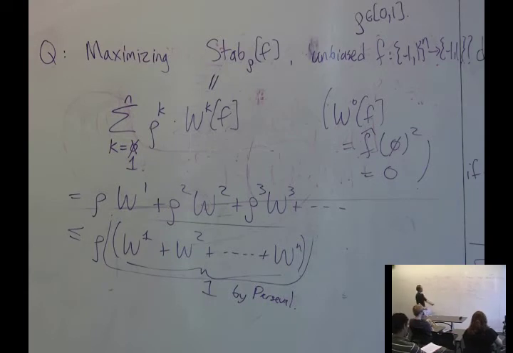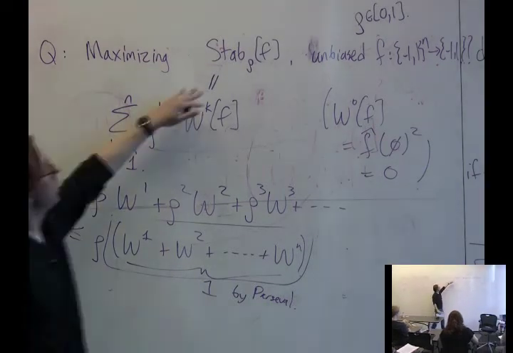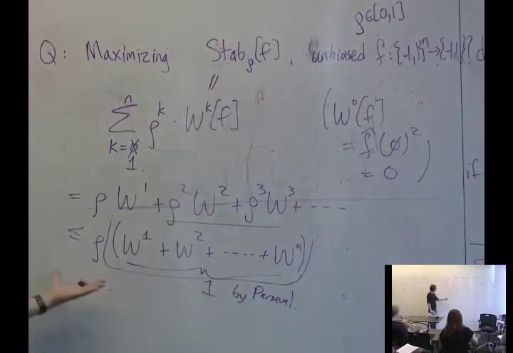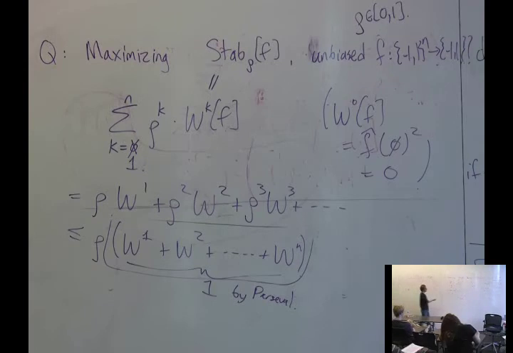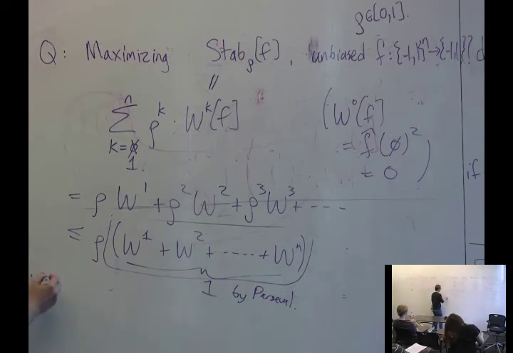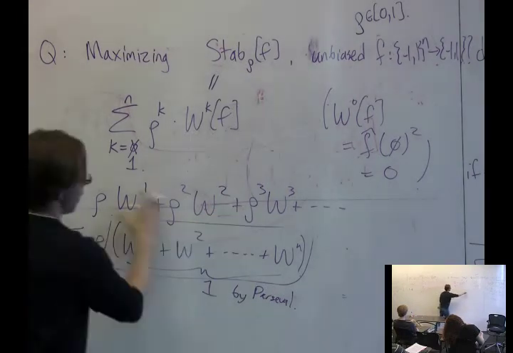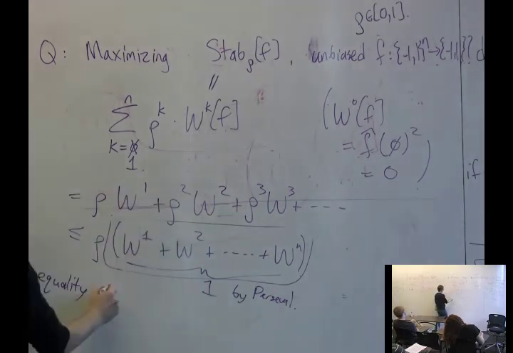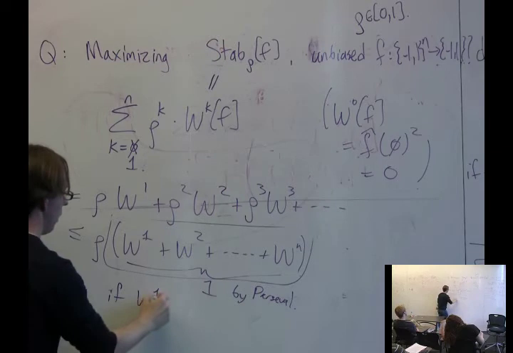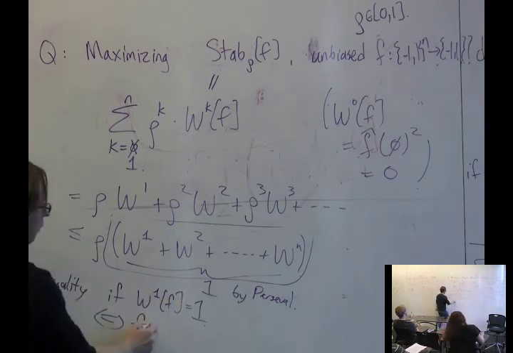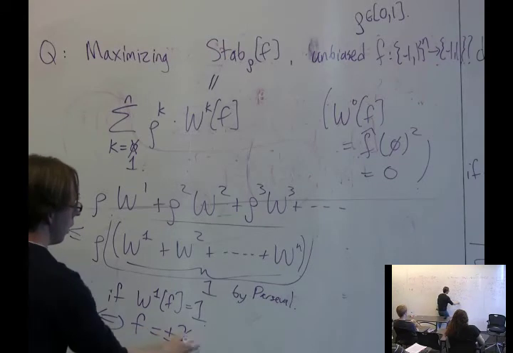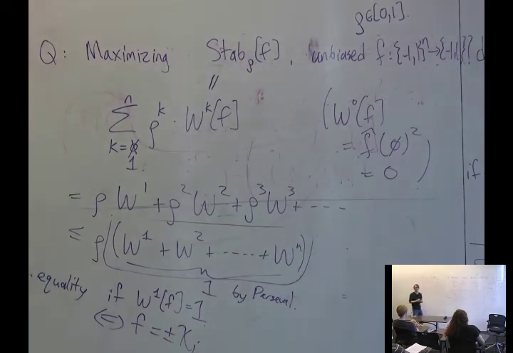So we can conclude that the noise stability of an unbiased function is at most rho. But furthermore, we again have equality here if all of these were 0 and all the weight was at level 1. Which we know, again, is equivalent to f being plus or minus a dictator.